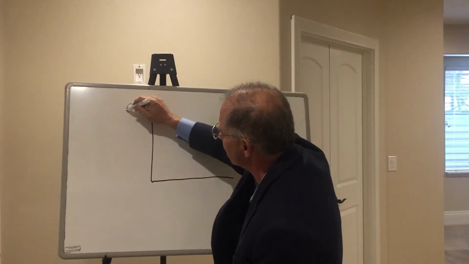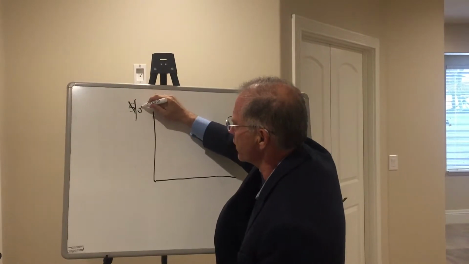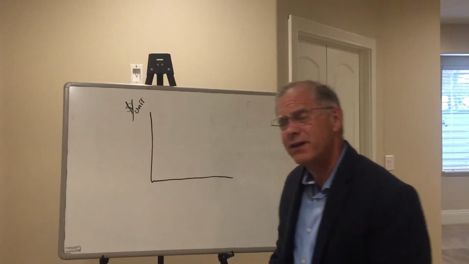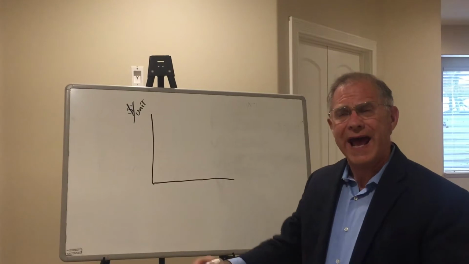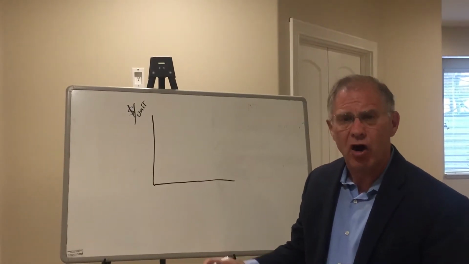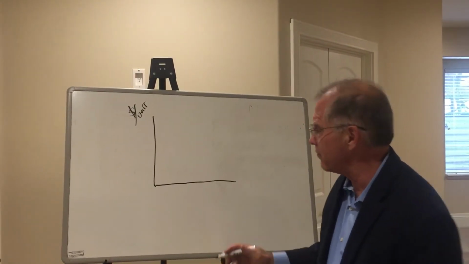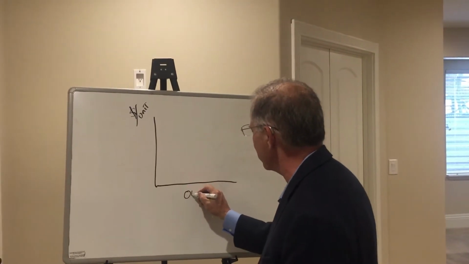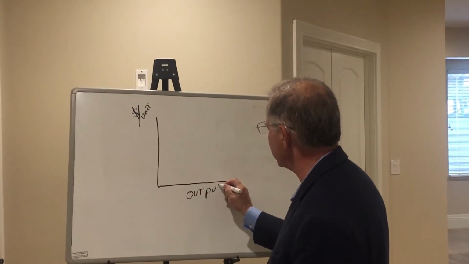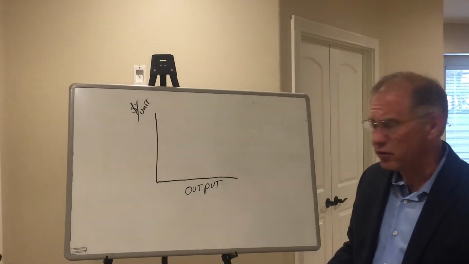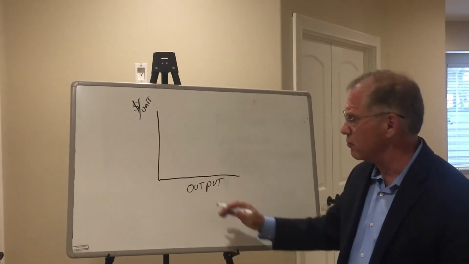This side is dollars per unit. What that means is how much does it cost on average to produce a car or a hotel room, etc. And down here is output. How much do we produce? Lots of cars or lots of hotel rooms or very little.